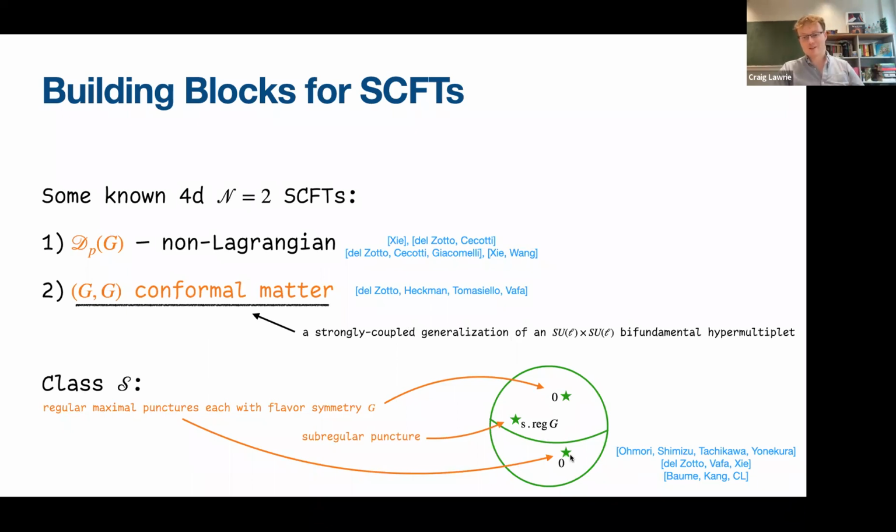Remember, each of those carried a flavor symmetry G, so it has a flavor symmetry G times G, explaining the notation. And it also contains one subregular puncture, which is this guy here. It's important to note that the word subregular here is related to the word maximal here, not related to the word regular here. So I could have called this a regular subregular puncture, but that might be a bit of a mouthful.